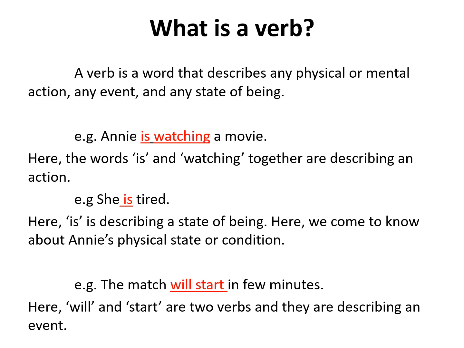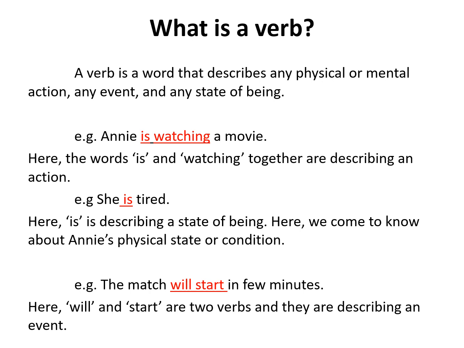Let's see another example. She is tired. Here, is describing a state of being, and in this sentence we find only one verb, and using the verb is we come to know about her physical state or condition. Let's see another example.